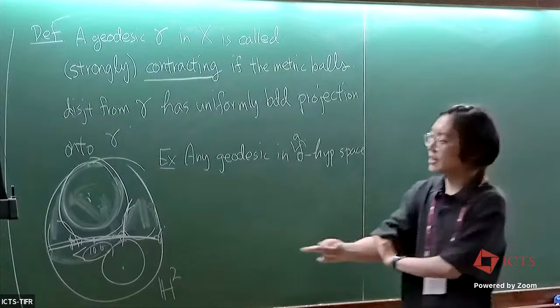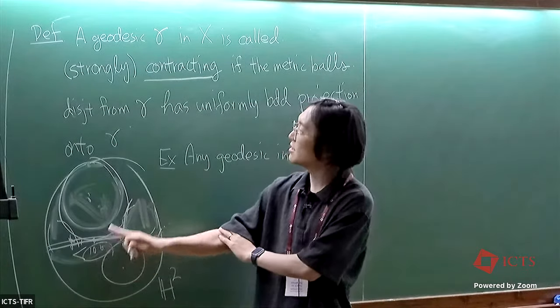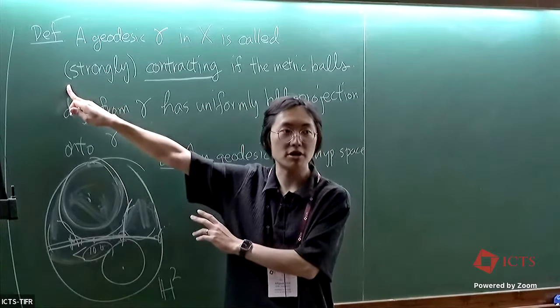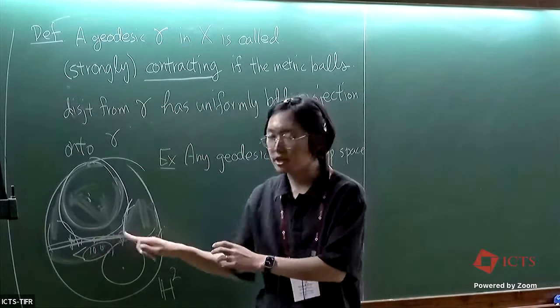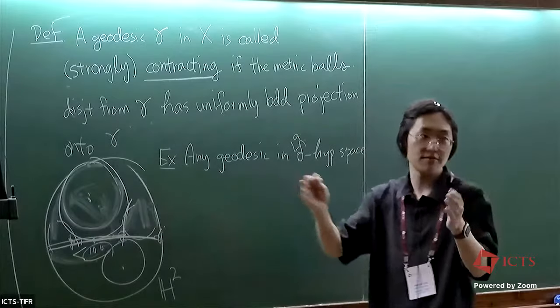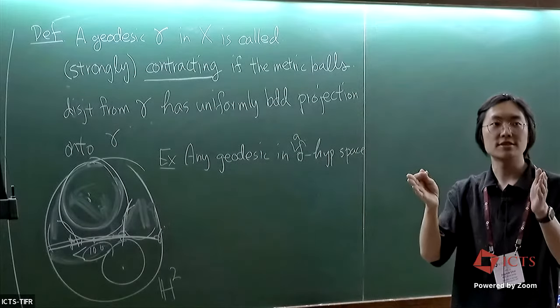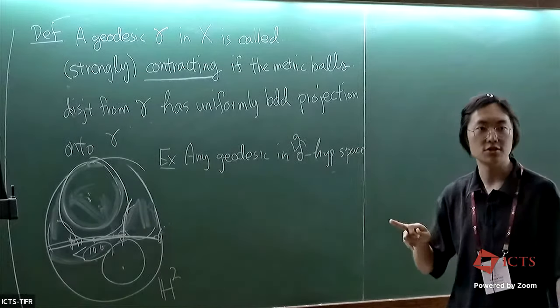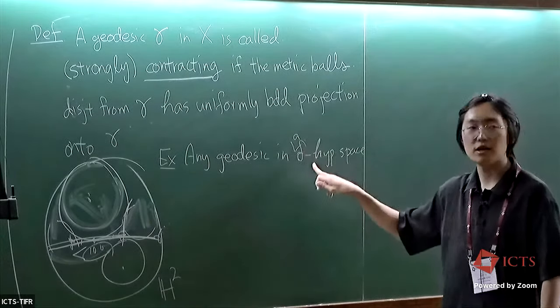And this constant is associated to gamma. So sometimes you attach the parameter, like k strongly contracting, if the bound is k. Can you set k to be uniform for any geodesic in a delta hyperbolic space? Yes. So this k can be computed explicitly from delta.